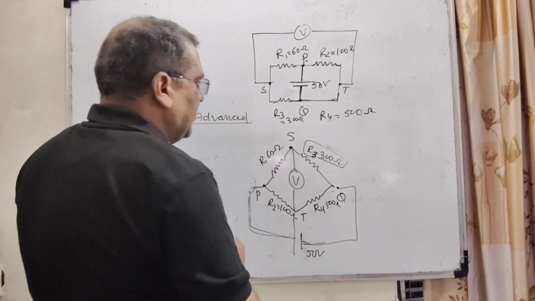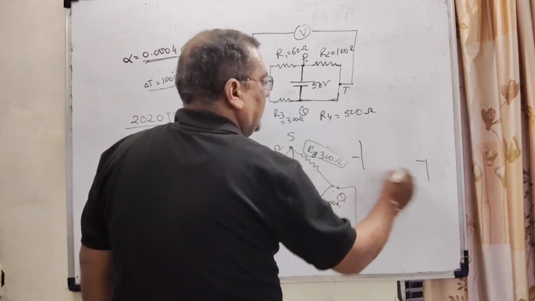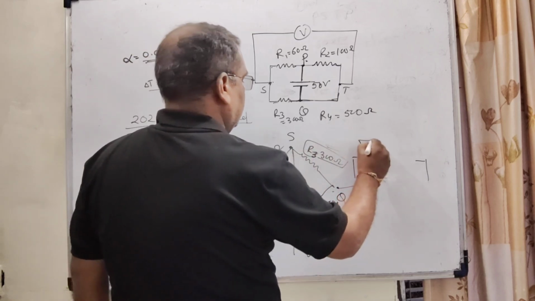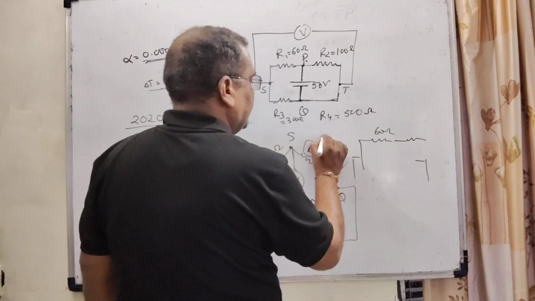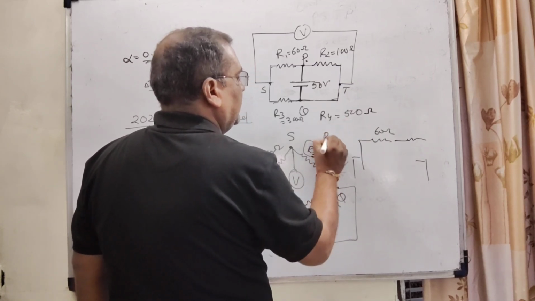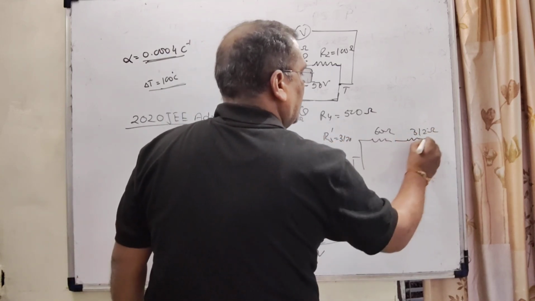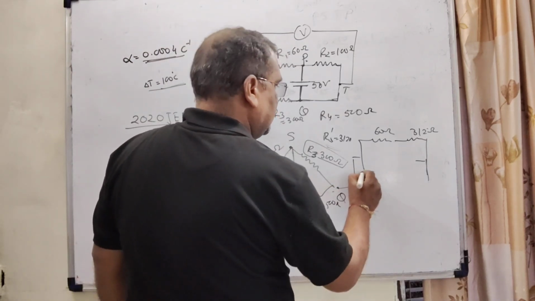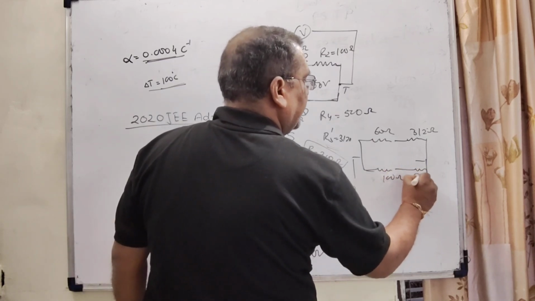Now applying the Wheatstone bridge arrangement, no current flows through the bridge. So we calculate the equivalent resistance of the path PSQ, that is R1, 60 ohm, and R3 dash, 312 ohm, and the path PTQ, which uses R2 and R4, that is 100 and 500.